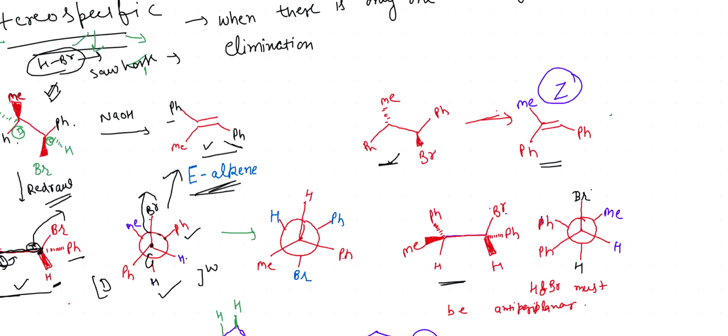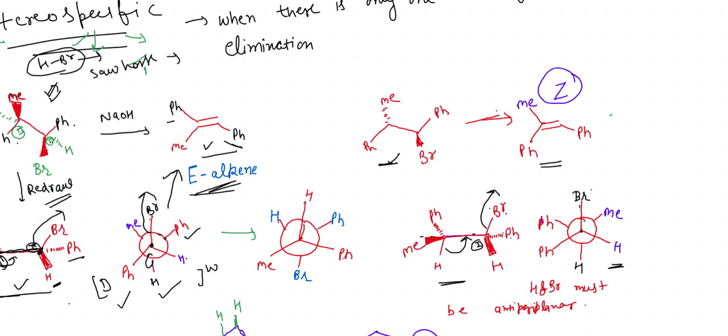So when these two groups are removed, just look at this Newman projection, how this is drawn. This is carbon number 1 and bromine is above this horizontal line. So draw it in the upward direction, and these are the hydrogen and phenyl groups. In this case, dashes are on the left hand side.